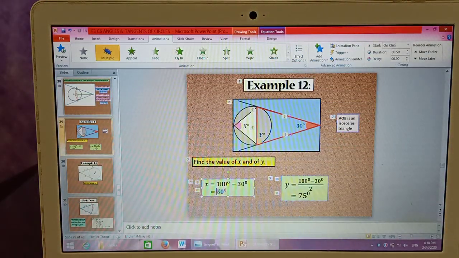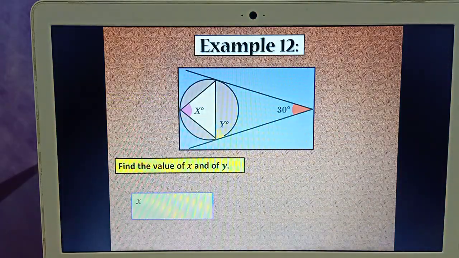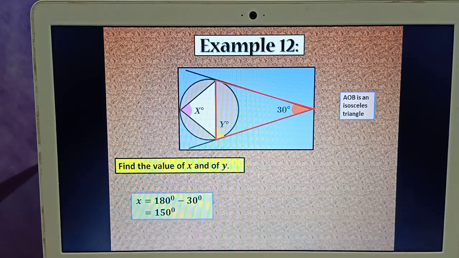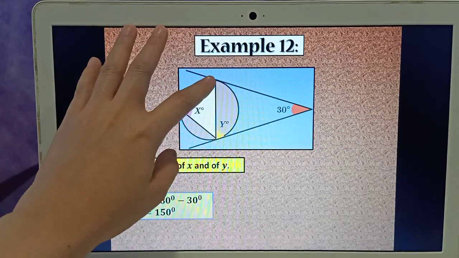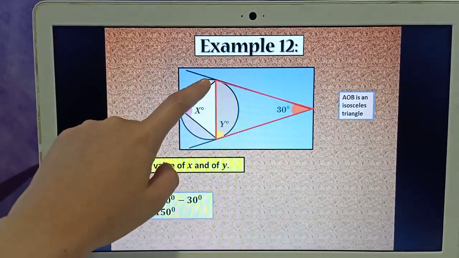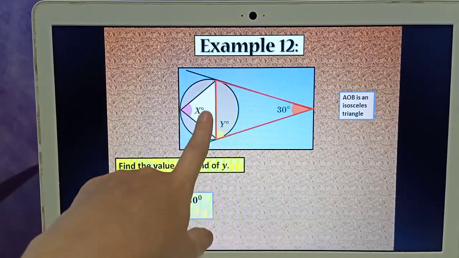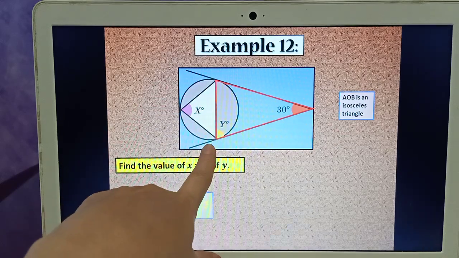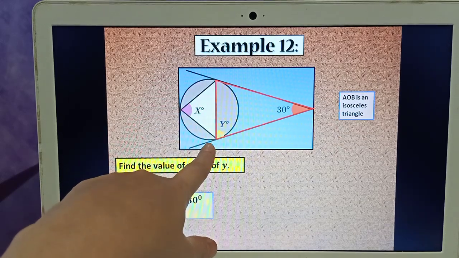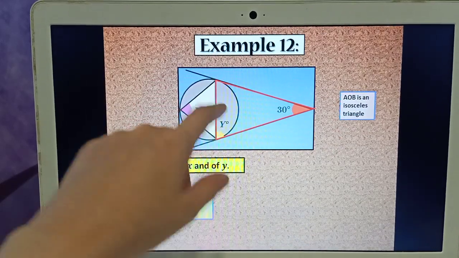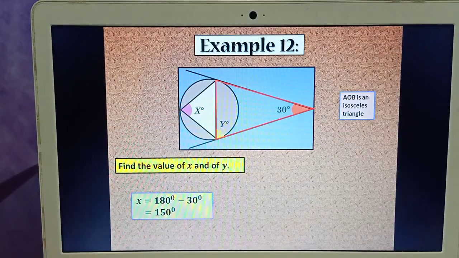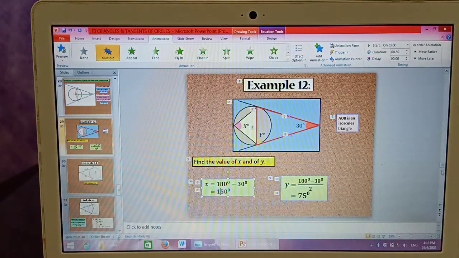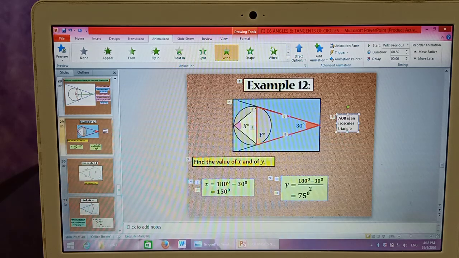150. And then to find y, you need to look at this triangle, the one which I colored with the red line. This triangle is an isosceles triangle.